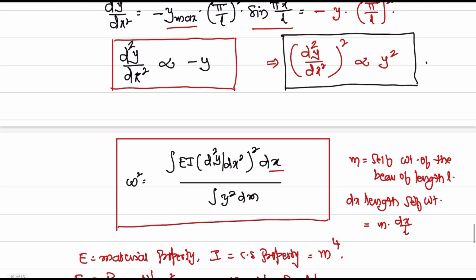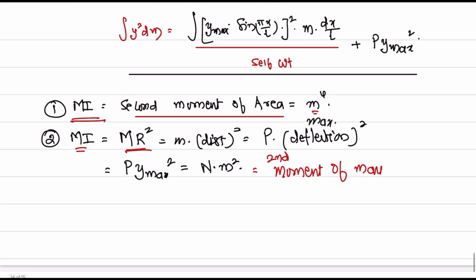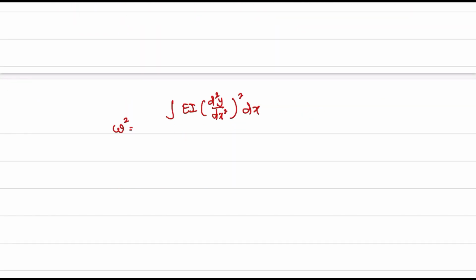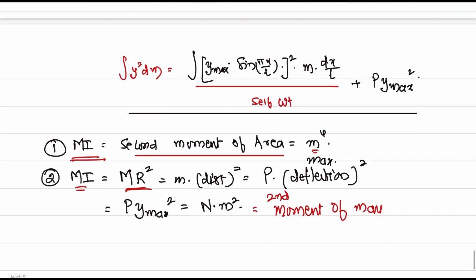the final answer for omega square is equal to integral omega square EI into d square y by dx square whole square dx, whole divided by integral y square dm.